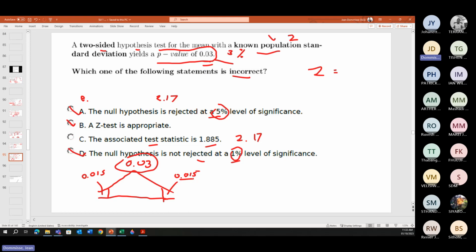Again, if you had the 3%, you would have made exactly the same conclusion, because 3% is smaller than the 5%, reject. 3% is bigger than the 1%, not reject.